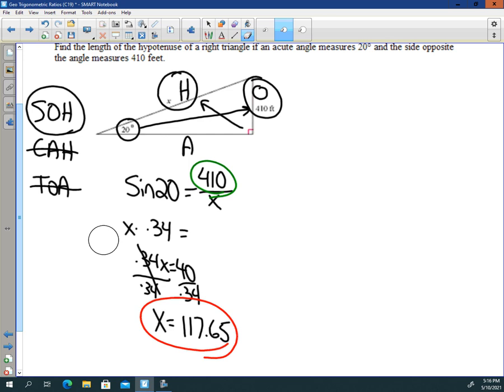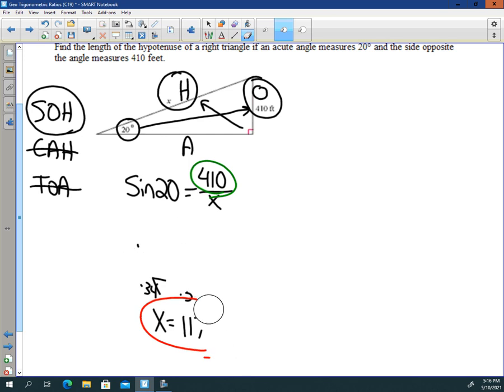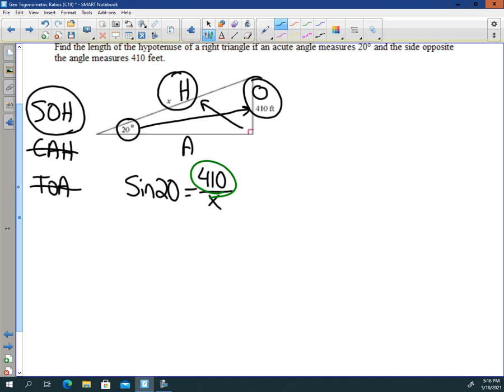Let's see, I'm just going to go right back to here. I knew there was something wrong once that 117.65 popped up, because the hypotenuse is always the longest side, and 117 isn't longer than 410. So I checked my work and I found that I'd written it wrong. So the sine of 20 is still 0.34-ish, equals 410 over x. Now I'm going to multiply both sides by x.